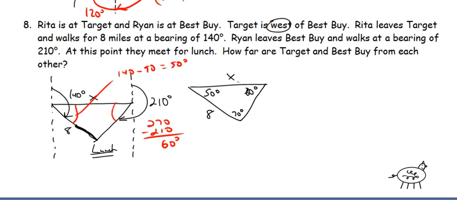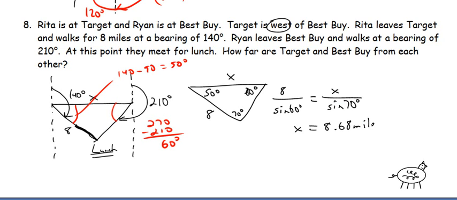All right, so let's just set up our nice little, obviously we know it's a law of sines because we have a ratio. So it's going to be 8 over sine of 60 equals x over sine of 70. And we cross multiply and solve. X comes out to be 8.68 miles.